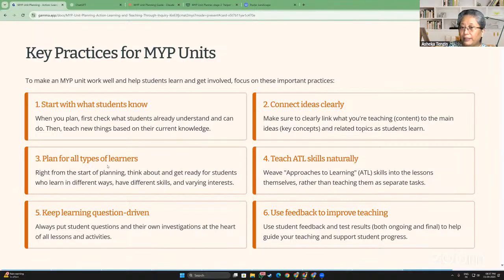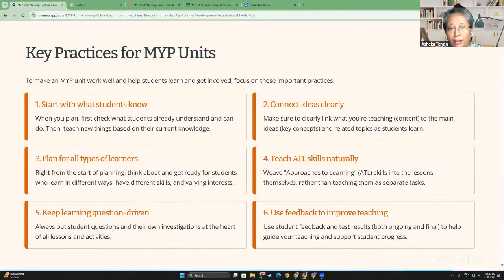Teach ATL skills naturally. See what skills are needed for the summative assessment. If they are needed for the summative assessment, what are you going to do in the class so that the student learns those skills through the content that you're going to teach?